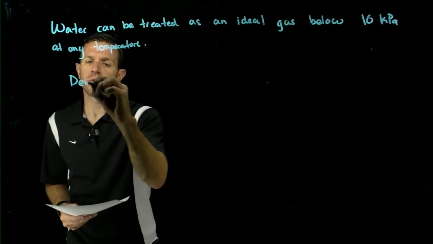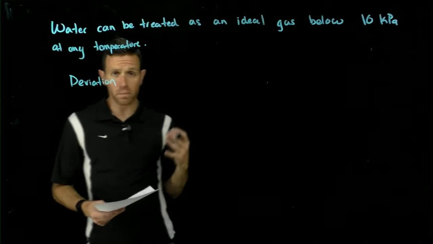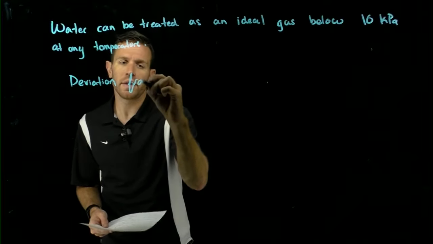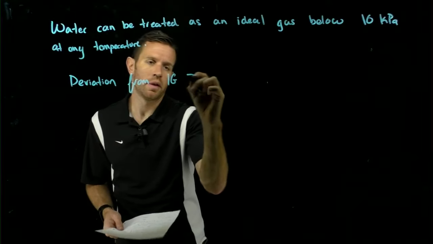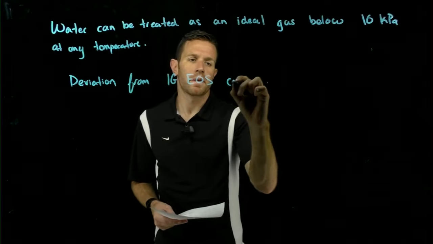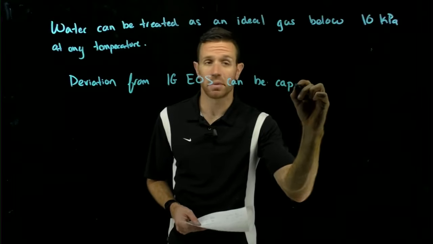Now, real gases do deviate from the ideal gas equation of state, and deviation from this equation of state can be captured by the compressibility factor.